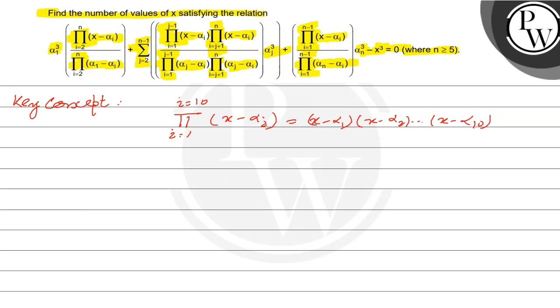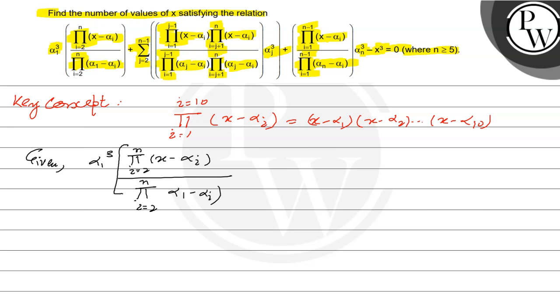So given, that's a very big statement. Anyway, given alpha 1 cube and then the product of i equal to 2 to n of (x minus alpha i) divided by the product of i equal to 2 to n of (alpha 1 minus alpha i), and then this is the first term.